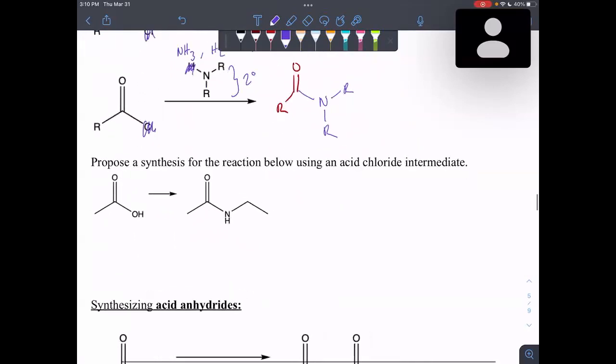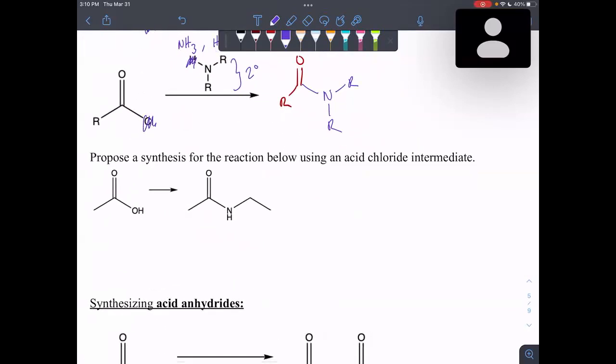Okay, so now we have a carboxylic acid and we're trying to turn it into this amide. What are two ways you could actually do this transformation? And you have to consider the order of reactivity.